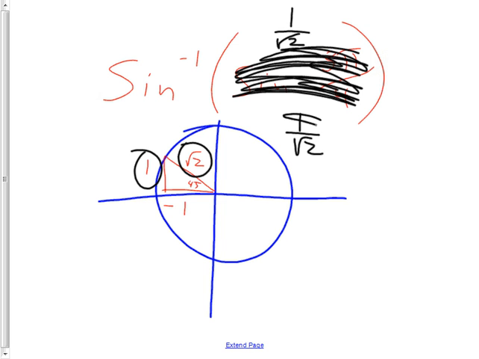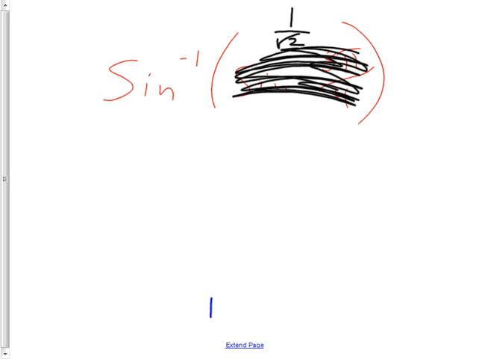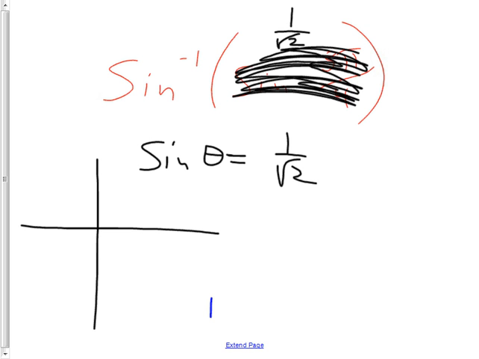So the new question now that I can consider, now I can start looking. I'm going to erase this picture too, because it's like you're starting the problem all over again. Now I have to do inverse sine of 1 over root 2. So now I'm going to rewrite that. Sine of theta equals 1 over root 2. And then I start it all over again. Now this time, I should say, where is inverse sine allowed? Because now I'm doing the outside part that has the inverse on it.